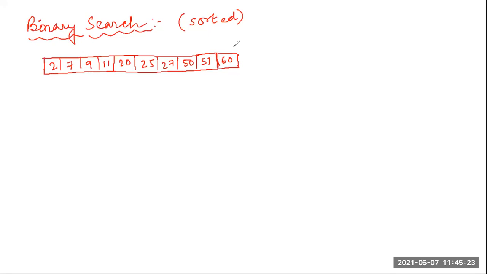Now, first we need to define a start and an end. So in this array, my start variable will be this one, and obviously this is my end. Then we need to find the middle one.